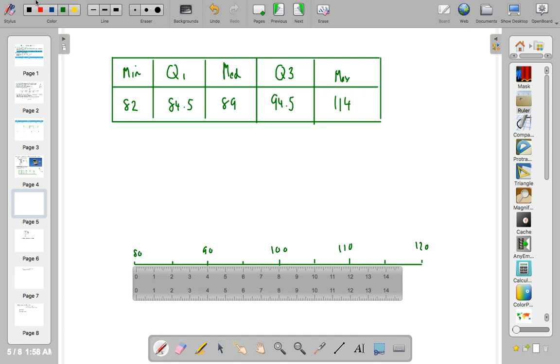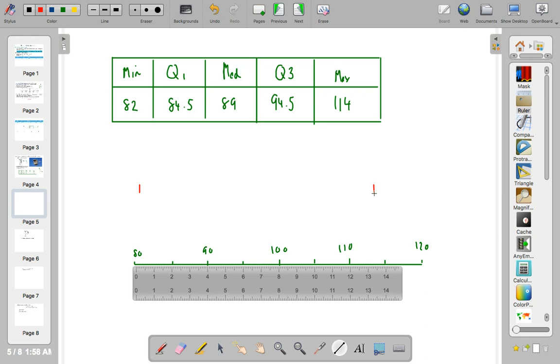I can now start drawing my box and whisker plot. I'm going to draw it in red. So we start with the whiskers. First whisker here is at 82, which is about there. If I line it up, get my straight line happening again. So 82 is about there. The other whisker is at 114, so 115 is there. So 114 would be about there.